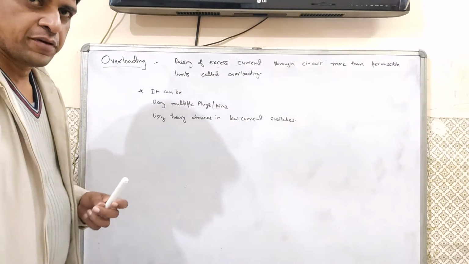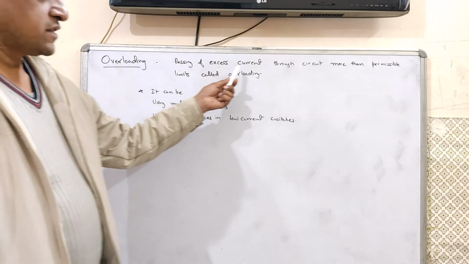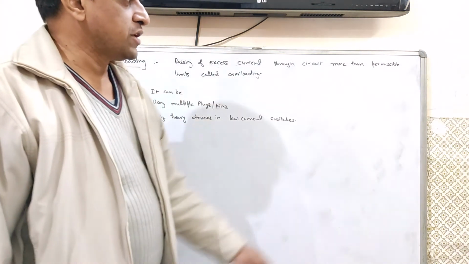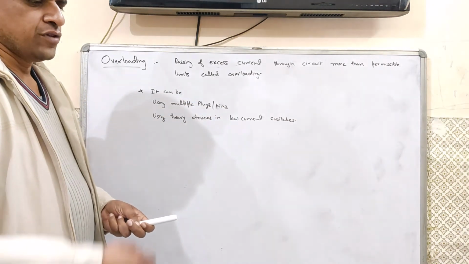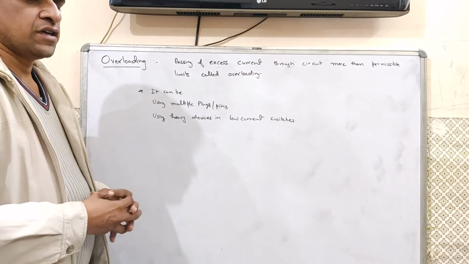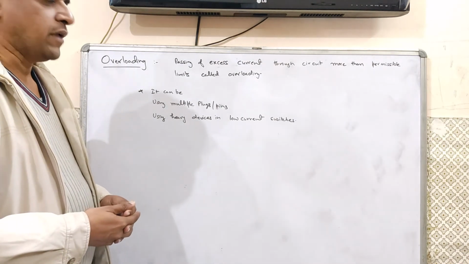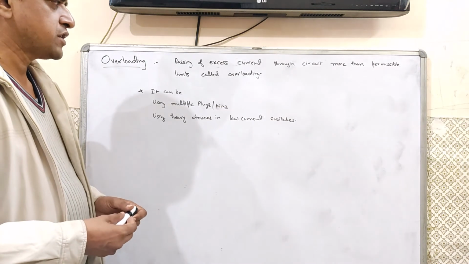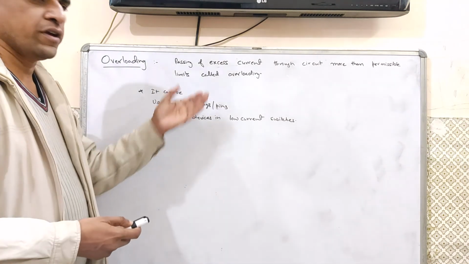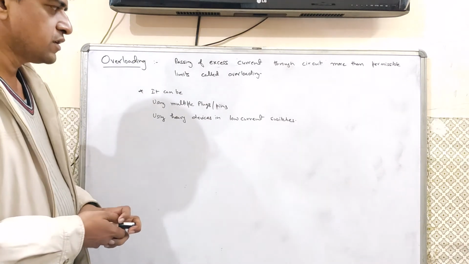The last topic of your chapter is overloading. Overloading is the passing of excess current through the circuit more than the permissible limit. We generally use certain devices like electric iron, electric geyser, microwave oven in our smaller switches, which can lead to overloading and can give a short circuit or set fire in your house.